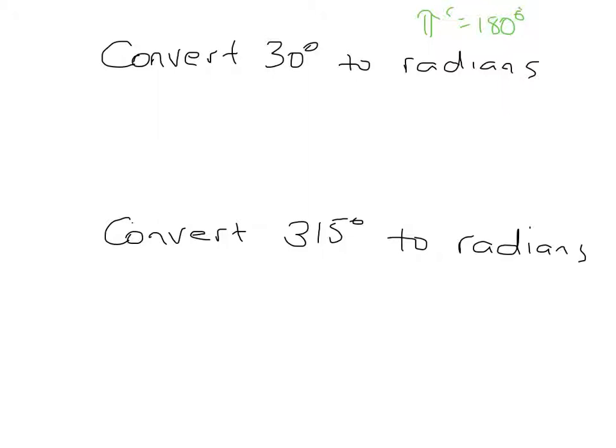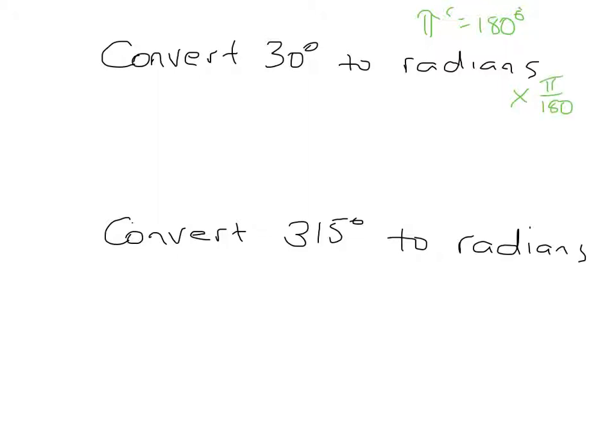So if we're going to convert from degrees to radians, then what we need to do is multiply by radians on top, pi, over degrees on the bottom. We want to cancel down the degrees. I'll write the whole thing again. So when we're converting to radians, we multiply by pi over 180.